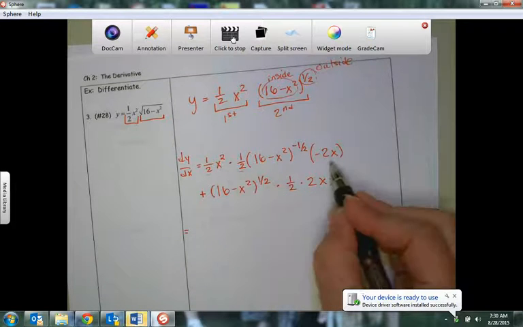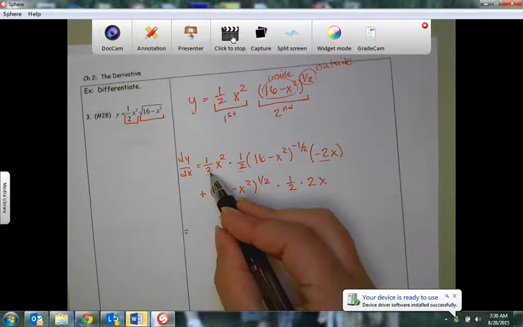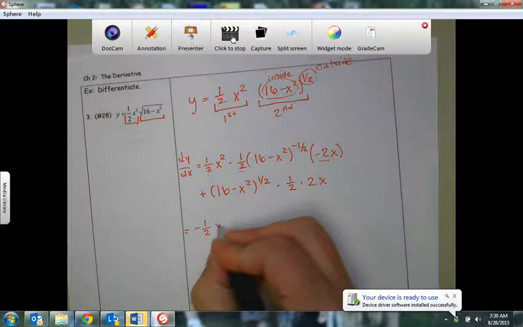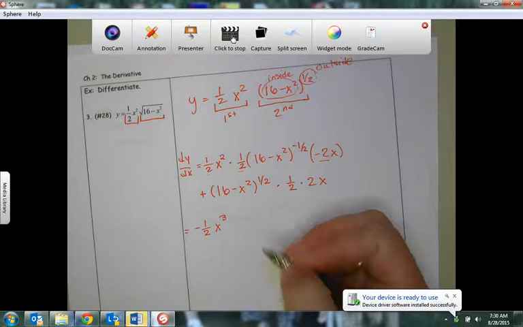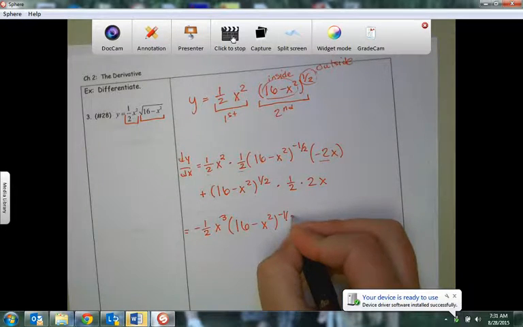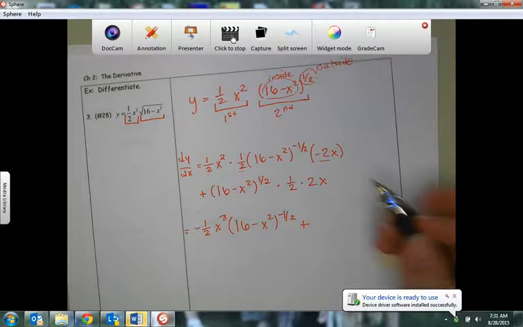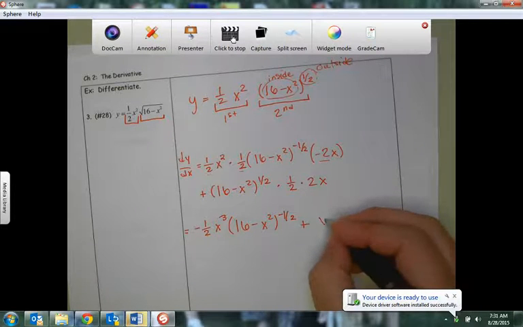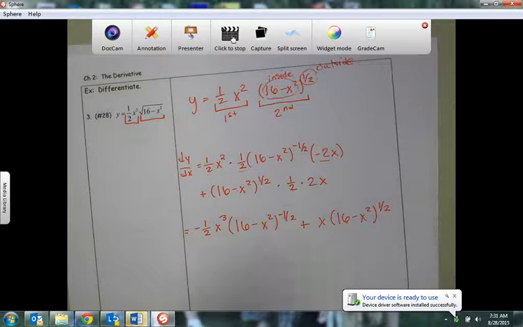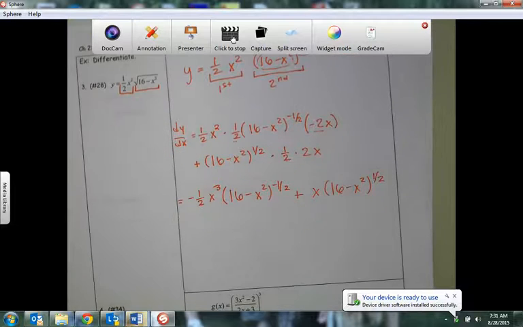Alright, so let's see. Those, I can cancel 1, 2 with 1 1/2, so that would be negative 1/2 x cubed. And I have my 16 minus x squared to the negative 1/2. Plus, that's nice, those cancel. So I have x times 16 minus x squared to the positive 1/2. And if you remember, back in chapter 1, we learned how to simplify these as well.